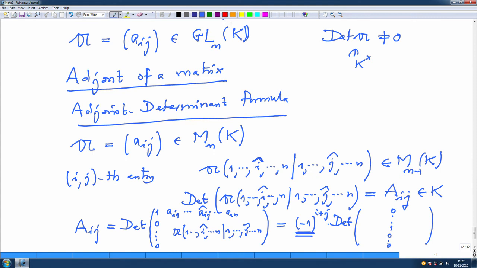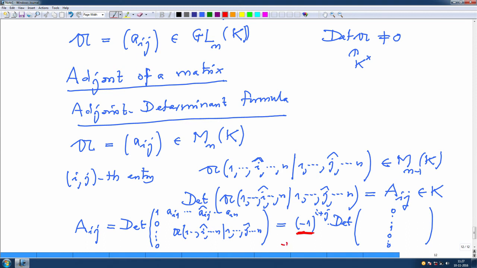And how did we get this sign? We got it by interchanging the ith row successively, I minus 1 interchanges of this row, and each time you get a minus 1 sign.